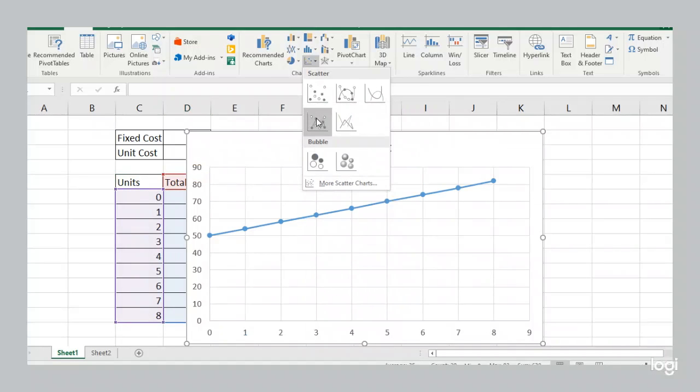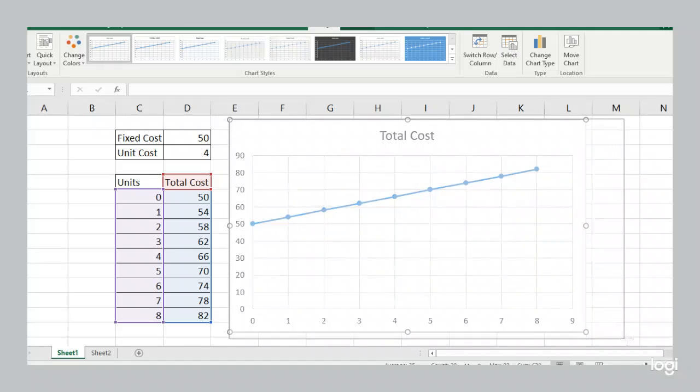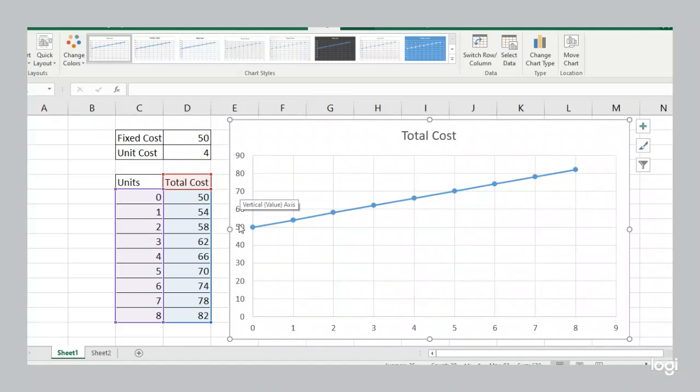Just a scatter plot, and I'll have a straight line connecting it, and that's what our relationship looks like. Okay, so you see at 0 we have a cost of 50, and the total cost increases by 4 every time our number of units increases by 1.